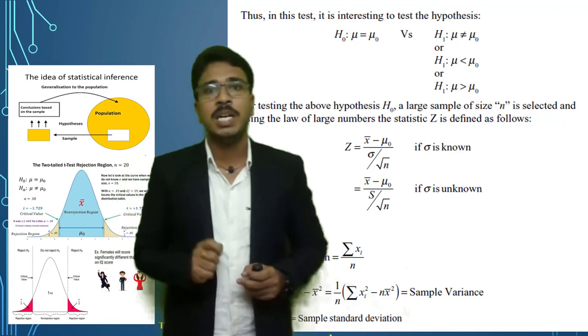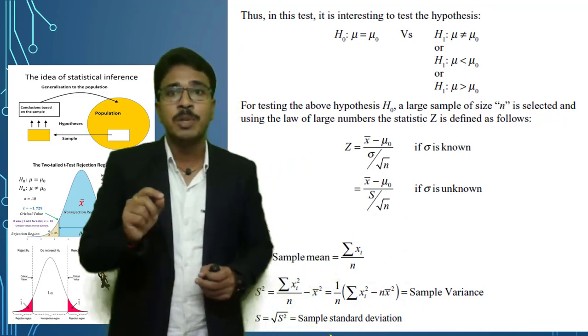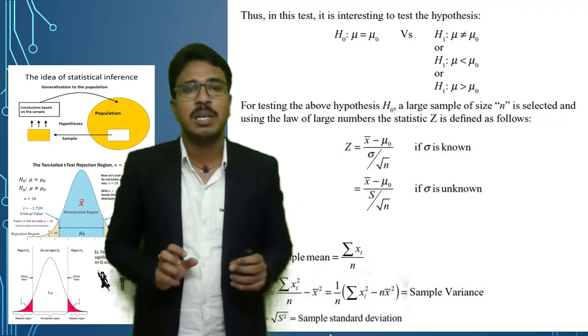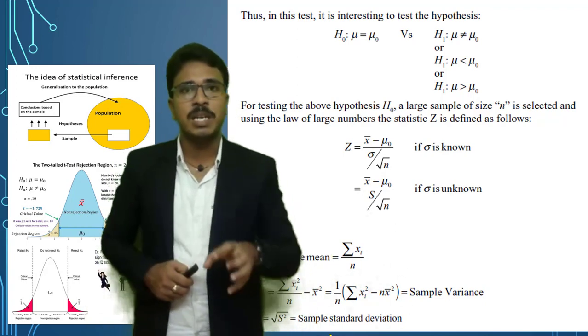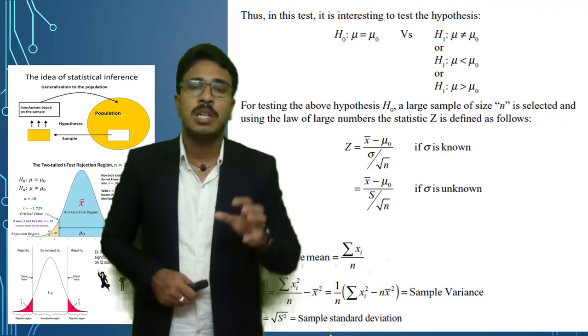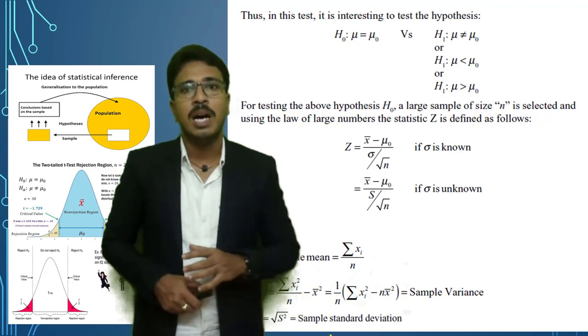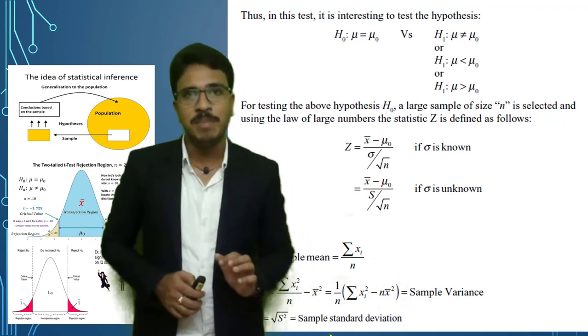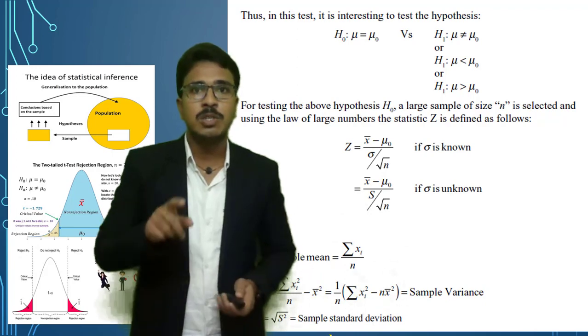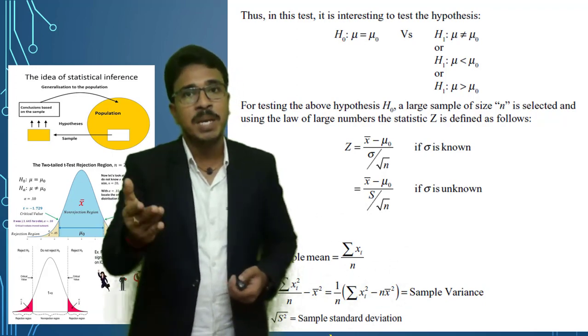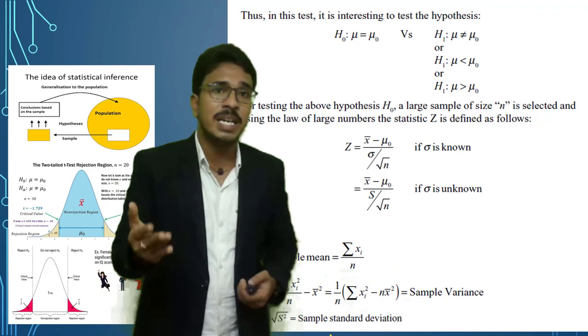When it comes to the alternative hypothesis, you see here mu is not equal to mu naught. That means the population mean is not equal to the nominal or expected value of the population mean. Not equal to in the sense that it may be less than or it may be greater than.